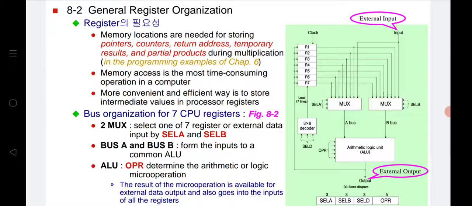Now let us see what a register is. Internally, a register consists of a group of flip-flops. A flip-flop is a 1-bit storage; I can store 1 bit of data in a flip-flop.